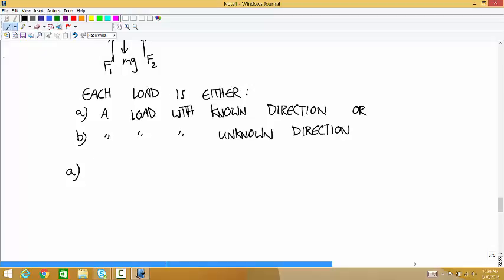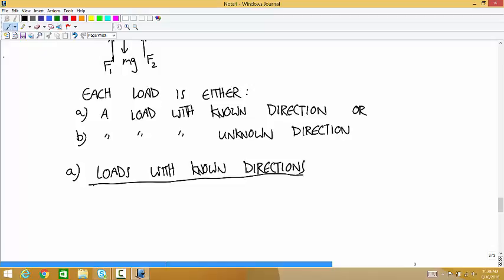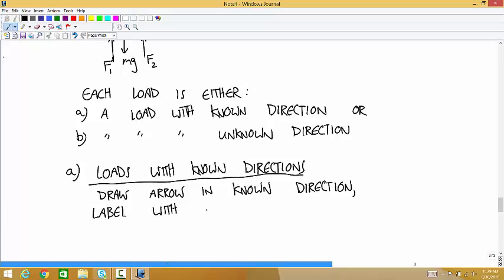So first, loads with known directions. Draw an arrow in the known direction and label it with a scalar variable or value.